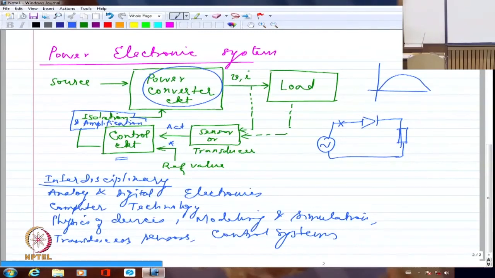Power quality essentially deals with whether the voltage is sinusoidal, whether the current is sinusoidal, whether it is only 50 Hertz, not deviating from 50 Hertz, whether the power factor is unity. All these things are generally specified as the power quality indices. There are several power quality indices.